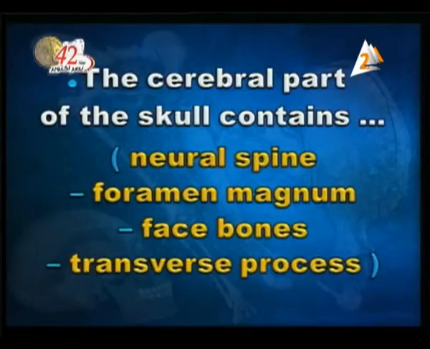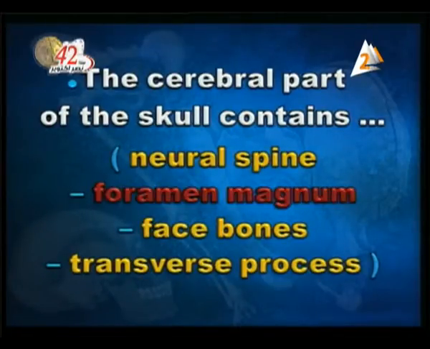Let's remember together. Actually, the skull has two parts, which are facial part and cerebral part. Let's see which part is found in cerebral part. The cerebral part of the skull contains, yes, you are right, foramen magnum.